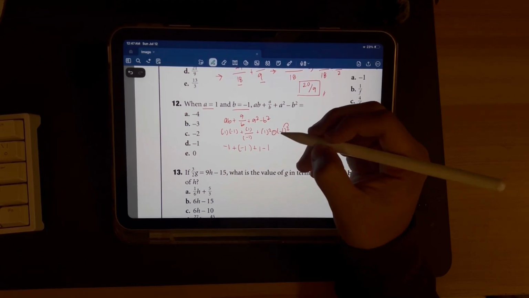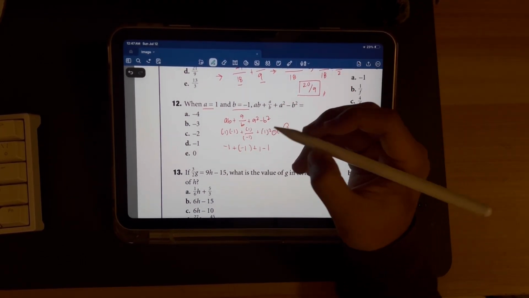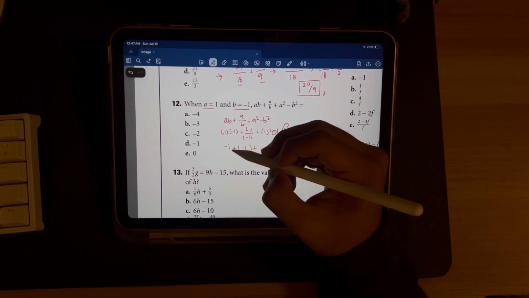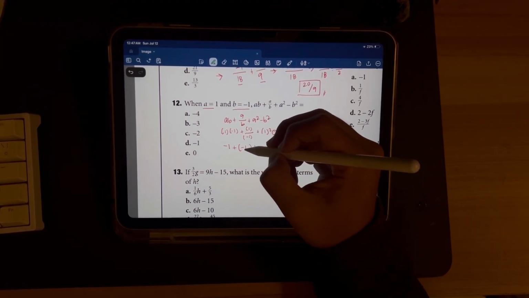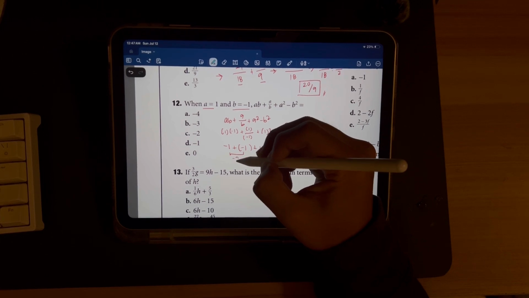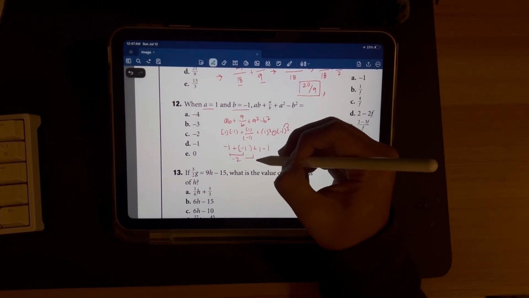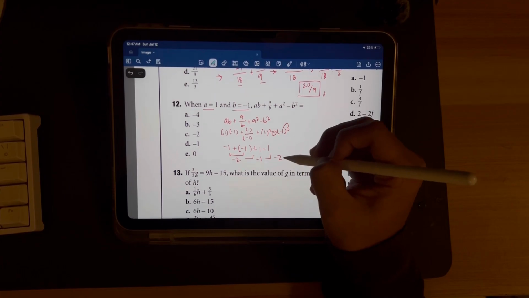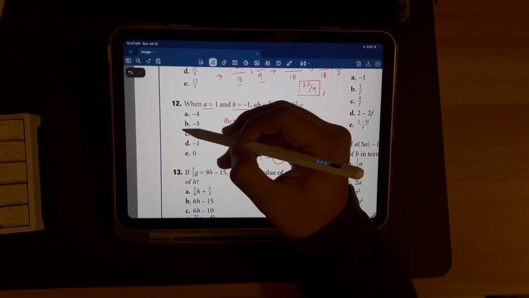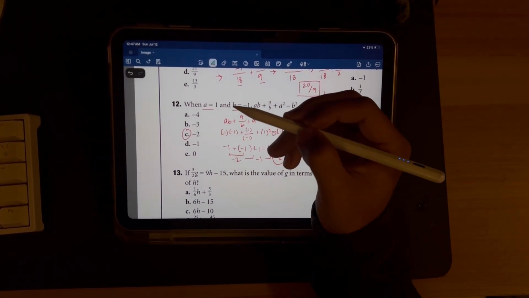Finding the final value, we're just simply going to add and subtract the values. Negative 1 plus negative 1, that will become negative 2. Plus 1, that will become negative 1. Minus 1, again, negative 2. And among the choices, negative 2 is letter C.